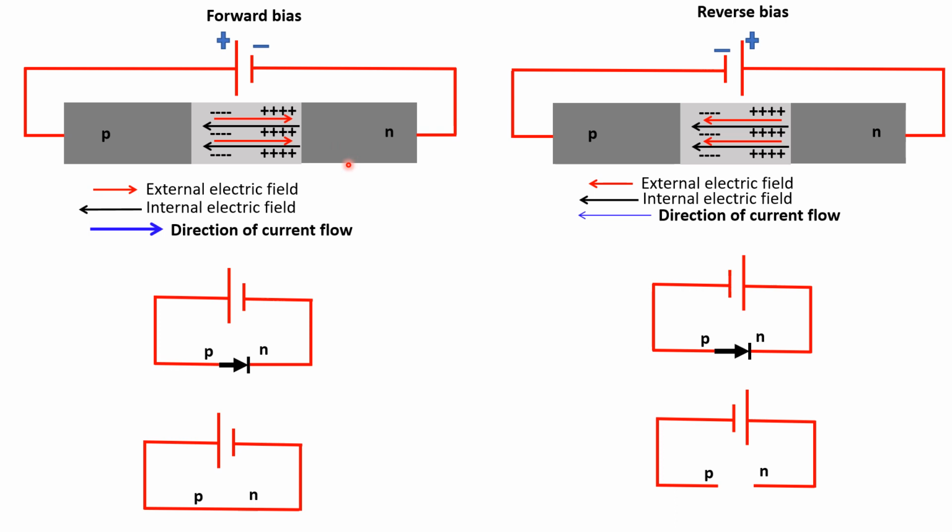So the gradient is high, the diffusion current is high. And in reverse bias, the PN junction behaves essentially as an open circuit because this current is very low, because it's a drift current that depends on the concentration of holes in the n side and of free electrons in the p side, and these concentrations are very low.